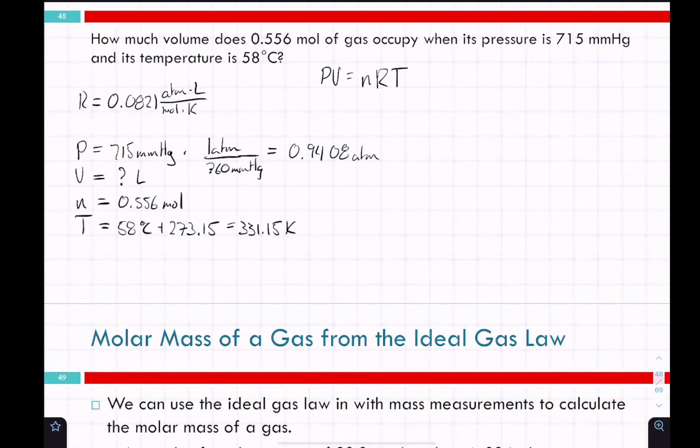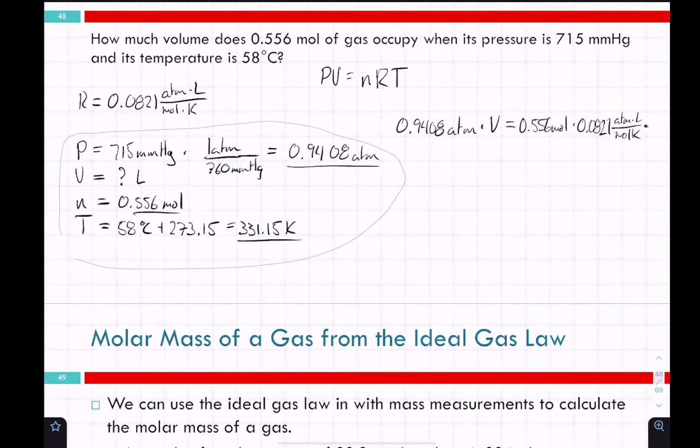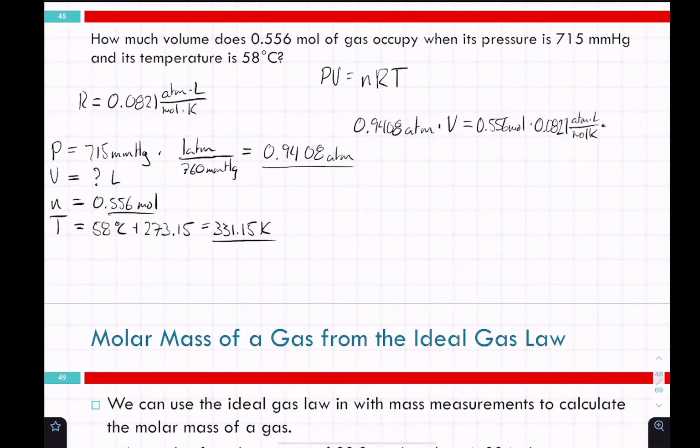Excellent. So I have atmospheres, moles, and Kelvin, so we can plug those in: 0.9408 atmospheres times the volume equals 0.556 moles times 0.0821 atmosphere liter per mole Kelvin, times 331.15 Kelvin.